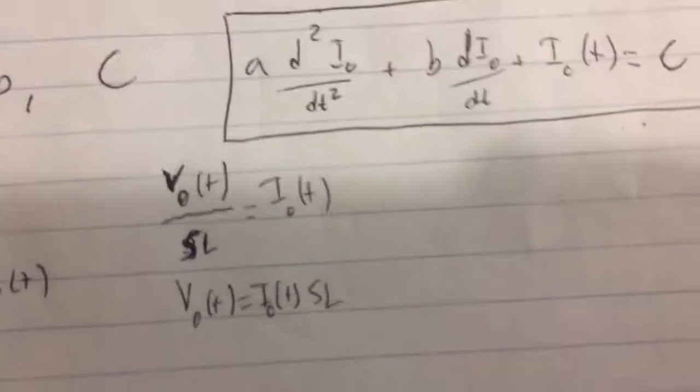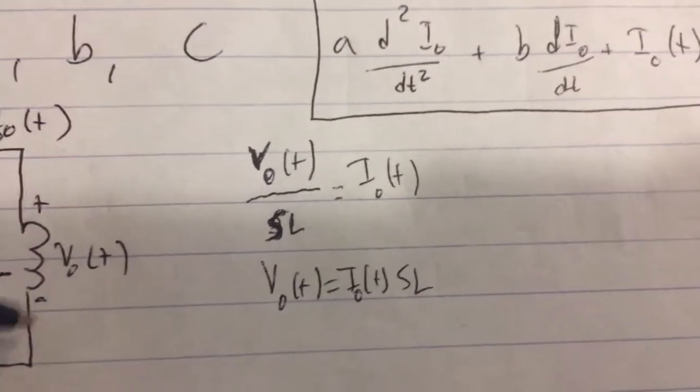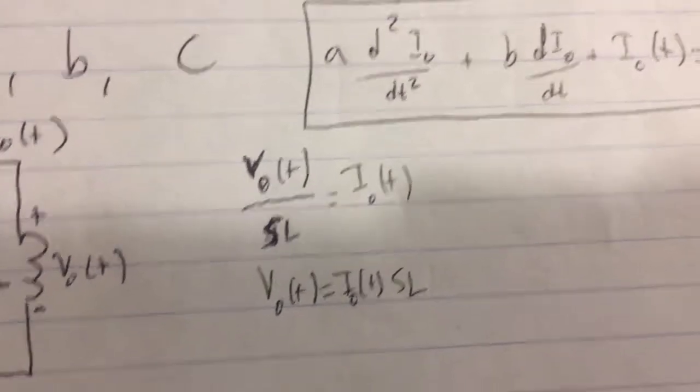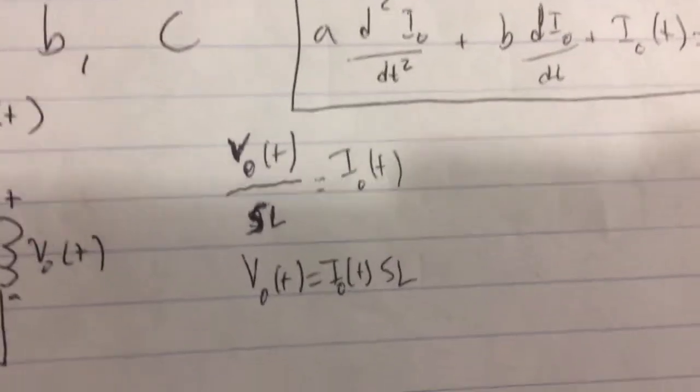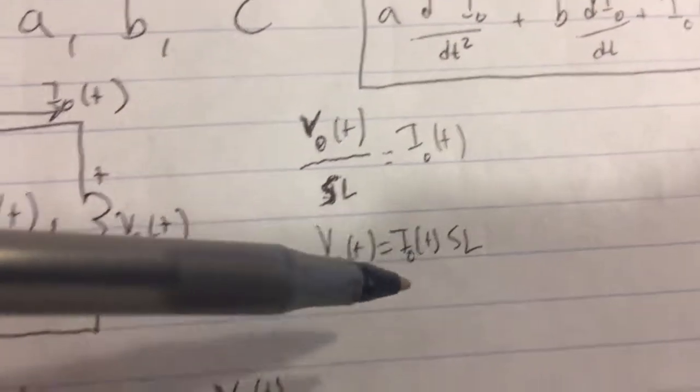Well, that's why I have this little trick over here, this little friend of mine. V_o of t over sL is equal to the current, right? Obviously, that was easy. So V_o of t is equal to I_o of t times sL.